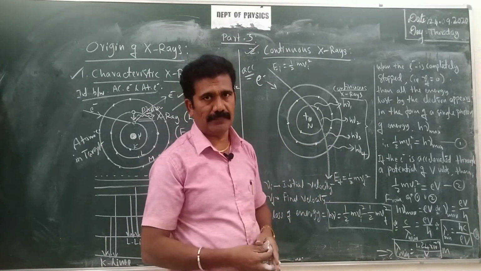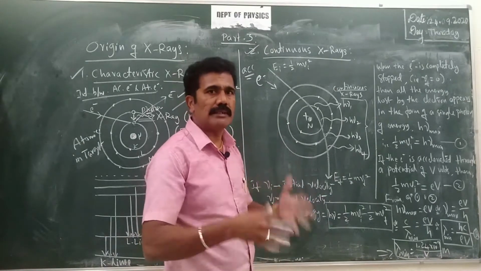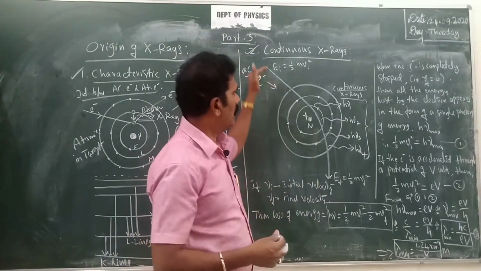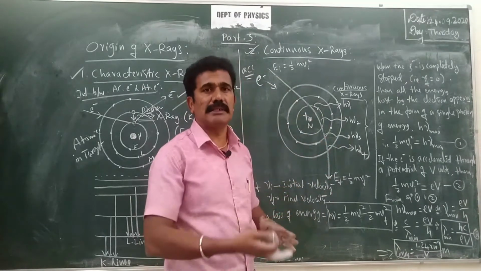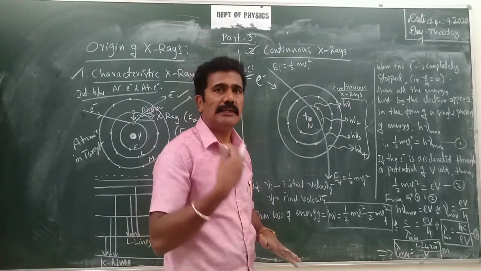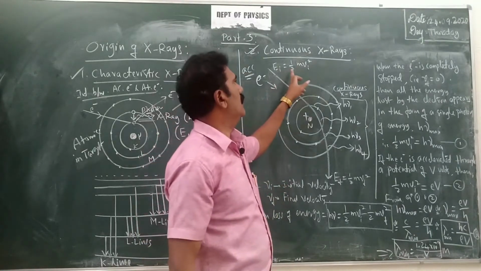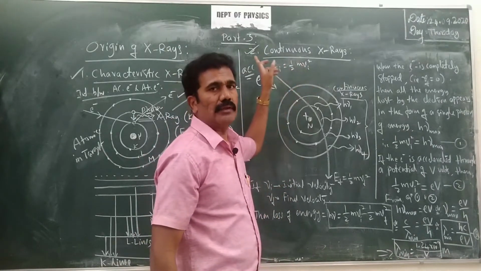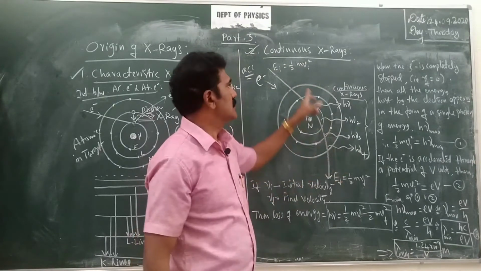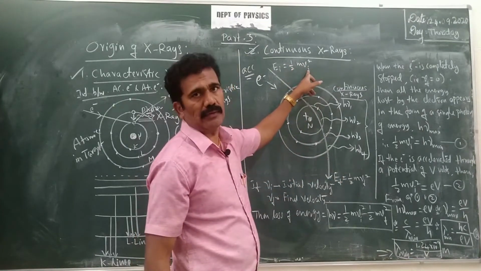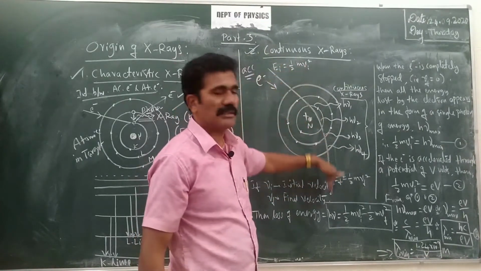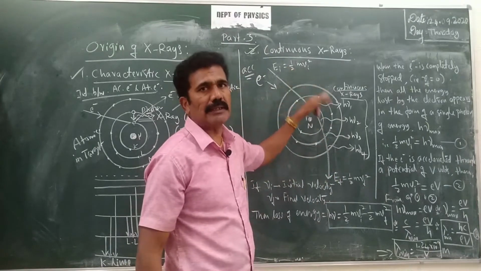During this bending, this deviation, the accelerated electron is going to lose its energy. Why? Because whenever it is deviating, its velocity decreases. The moving electron has kinetic energy, whose equation is half mv square. As the velocity decreases, the corresponding kinetic energy also decreases.